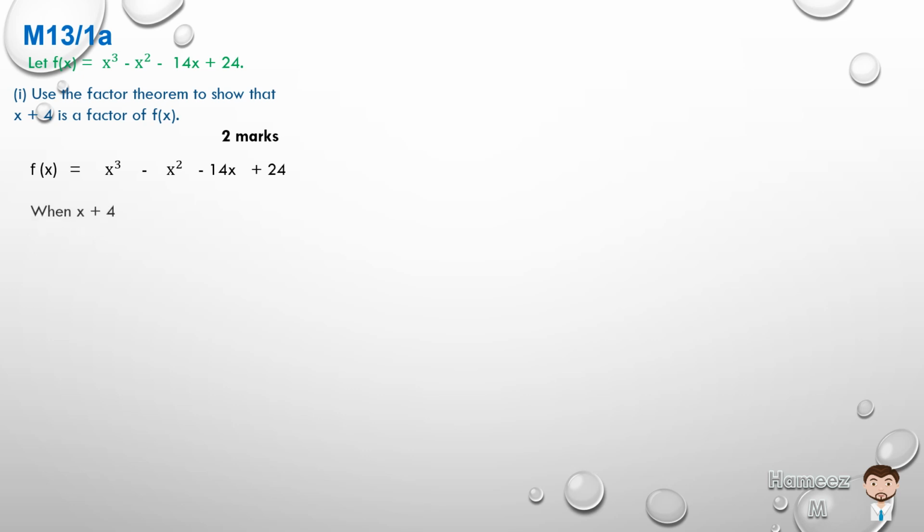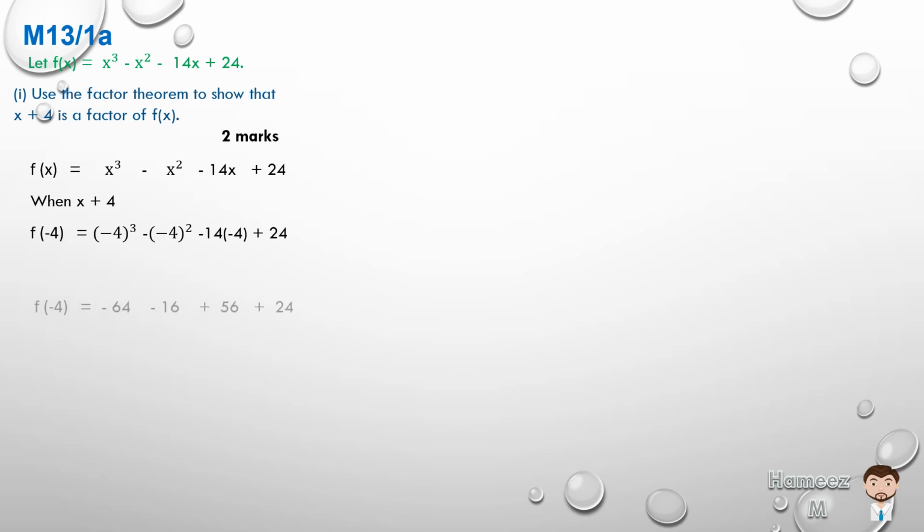If we're going to use x plus 4, we can assume x plus 4 is equal to 0, so x is equal to minus 4, and that's what we're going to substitute in the factor theorem. So f of minus 4 is equal to minus 4 cubed minus minus 4 squared, minus 14 times minus 4, plus 24.